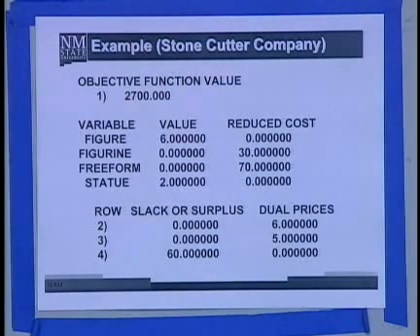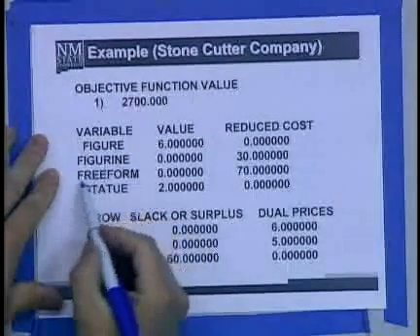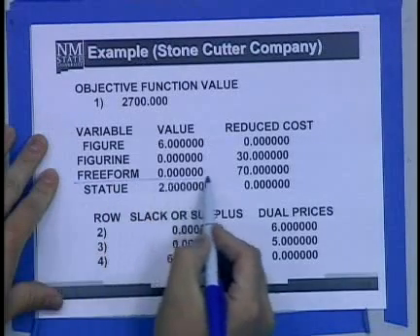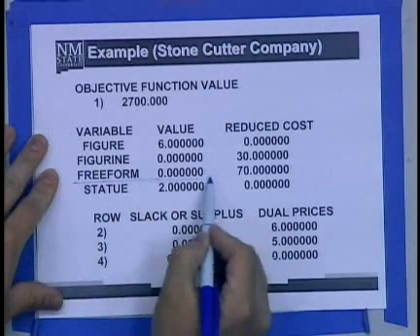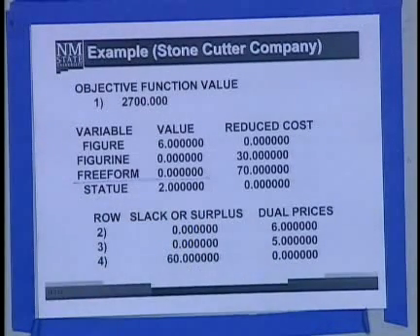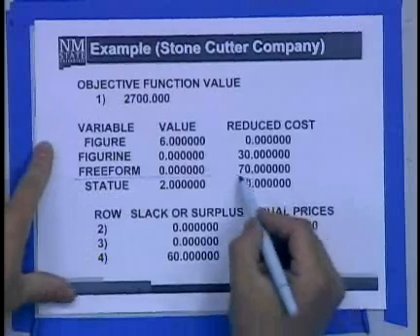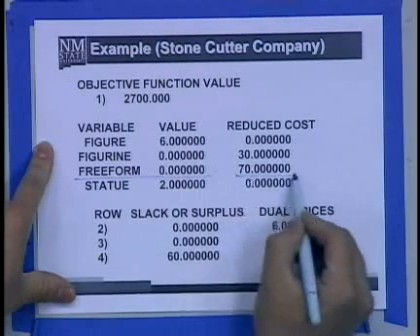And in the optimal solution, currently the freeform is 0, right? Which means the variable freeform is a non-basic variable. And the corresponding reduced cost is 70, right?